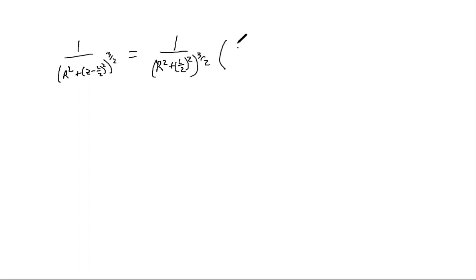All right. So in my formula there, I get 1 over R squared plus (Z minus L over 2) squared to the 3 halves. You just need to work out the Taylor series for that and keep the first terms. That's going to be pretty much 1 over (R squared plus L over 2 squared) to the 3 halves times 1 plus 3 halves LZ over (R squared plus L over 2 squared), plus higher order terms.